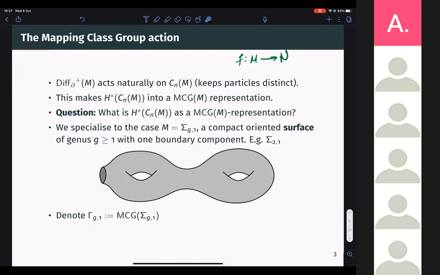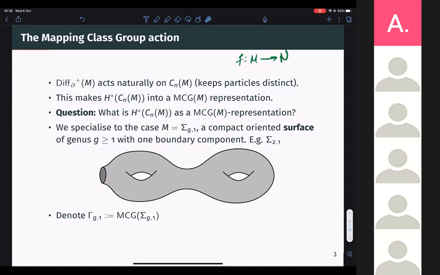I specialize in the case where M is a compact oriented surface of genus g, at least one, with one boundary component. This boundary component usually makes things easier. Usually closed surfaces are harder than surfaces with one boundary component.